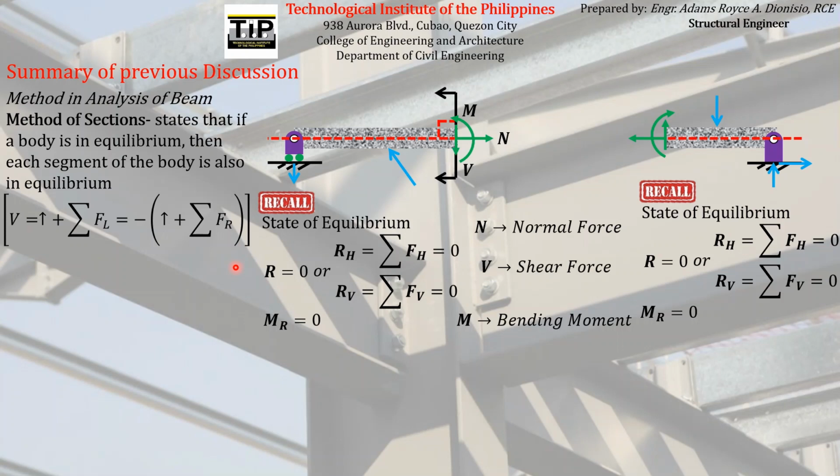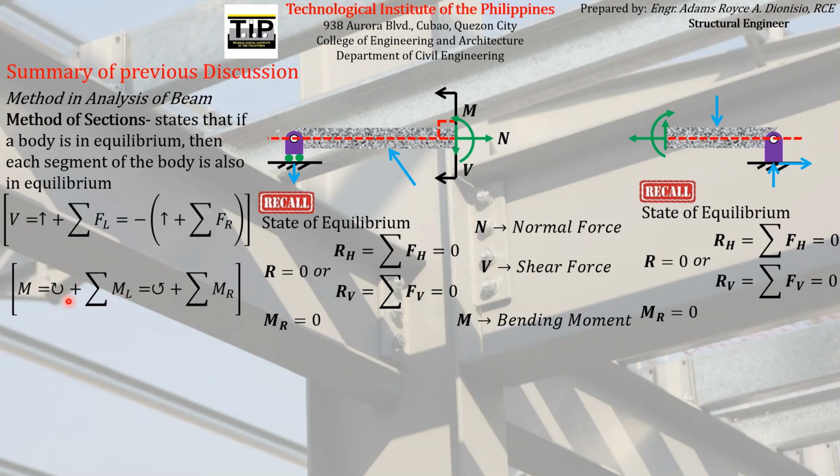We also formulated a formula for finding the bending moment at any particular location. It states that the bending moment at any location is equal to the summation of the moments about that location of the forces either on the left or on the right of that location.